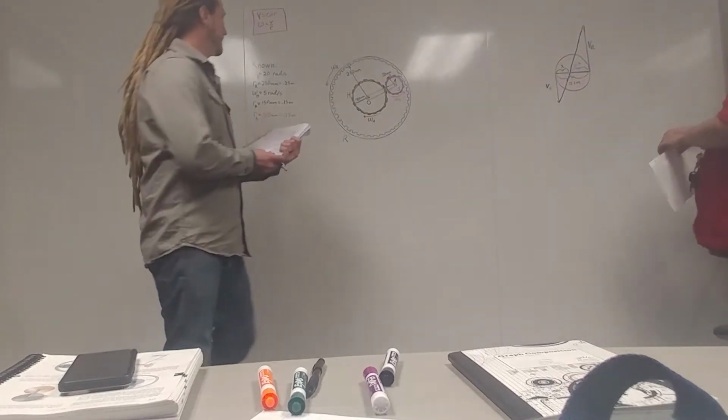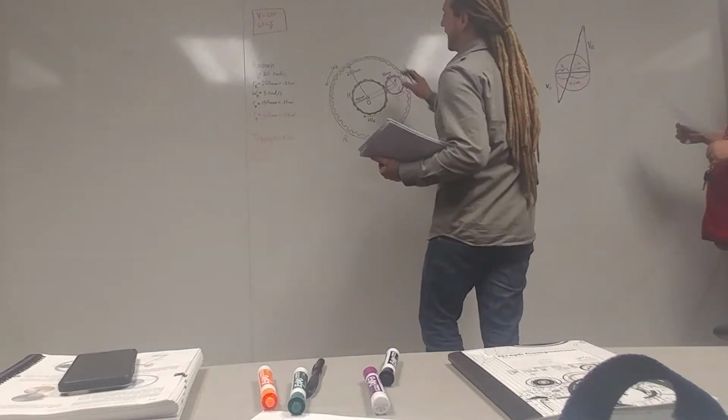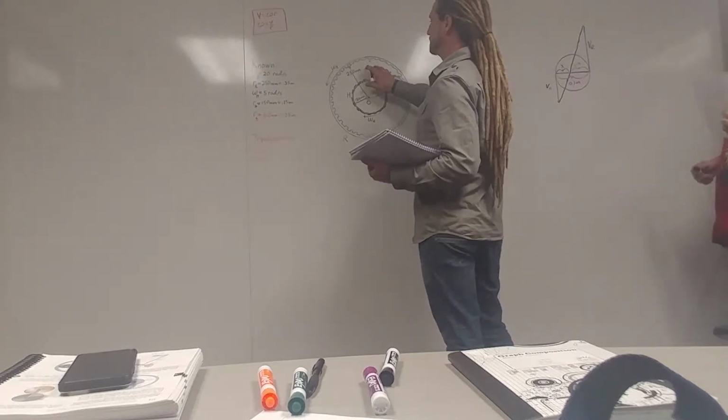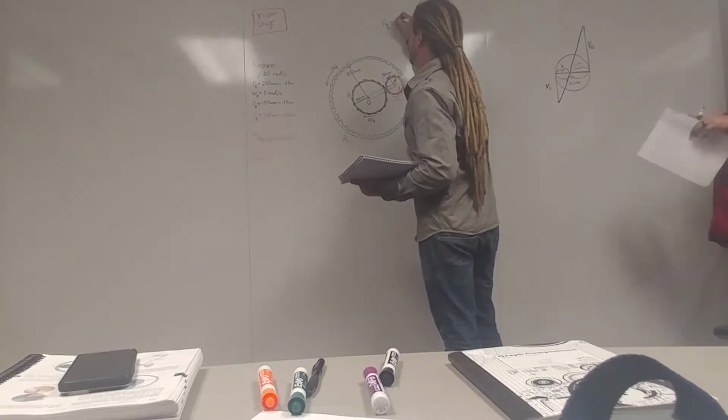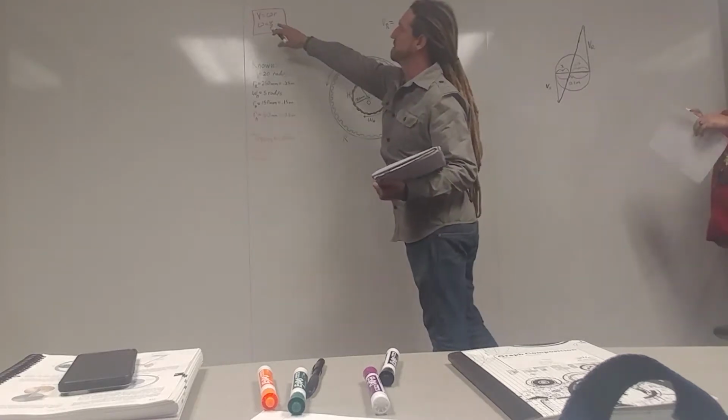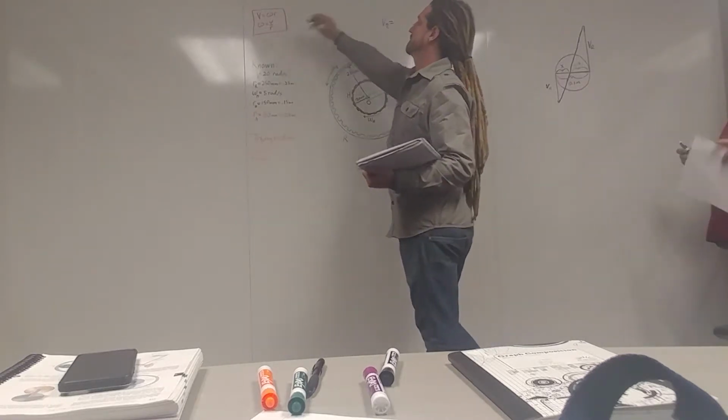So to start out, we need to determine the velocity at r. To do that, we're going to use the equation velocity equals omega times r.